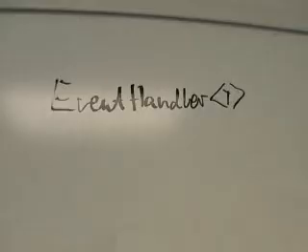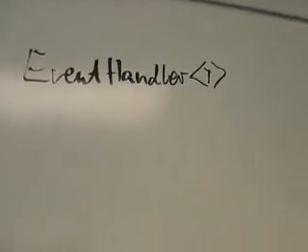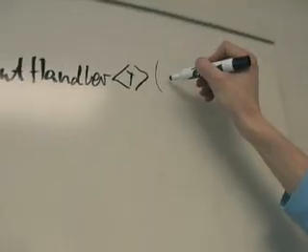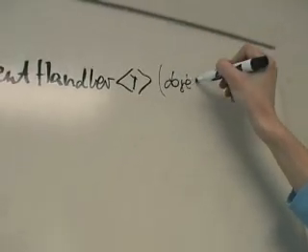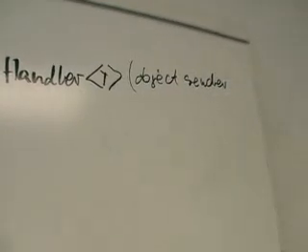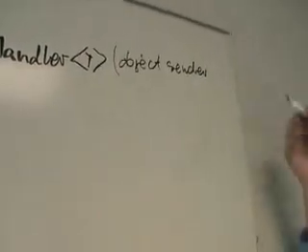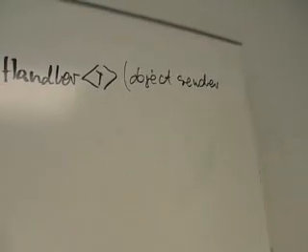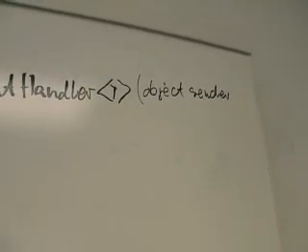And basically, event handler of T is just like any event handler. Of course, the first parameter of the event handler is object sender, and then historically, the second parameter would be manually specified, and that would be one of the subclasses of EventArgs.